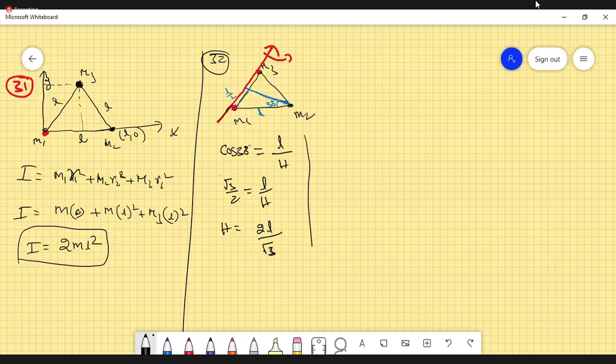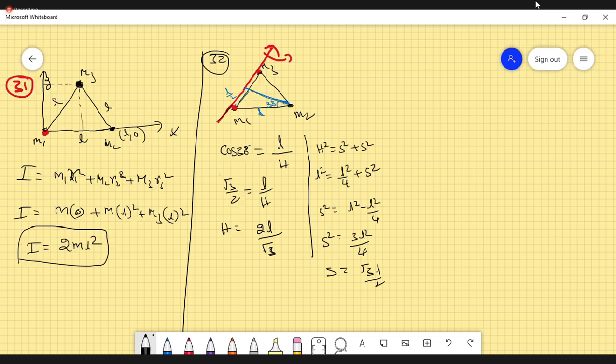From Pythagoras theorem, hypotenuse square is L square, side square is L square by 4 plus another side S square. So S square equals L square minus L square by 4, that is 3L square by 4, and S equals root 3L by 2.